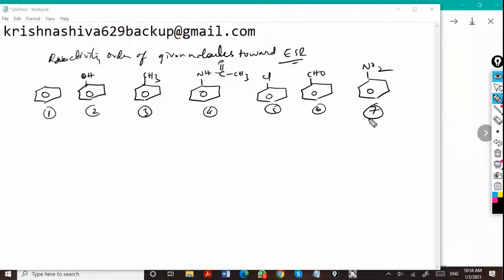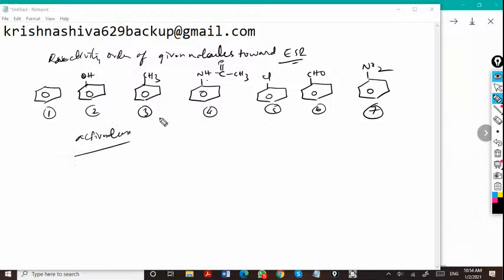So how do we define the reactivity? Simply, the reactivity of the benzene system depends on the activation or deactivation of the group that is present.